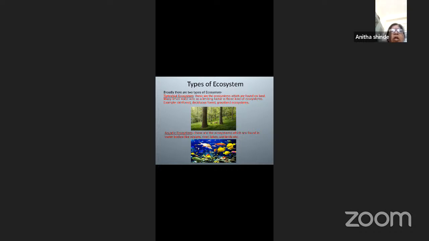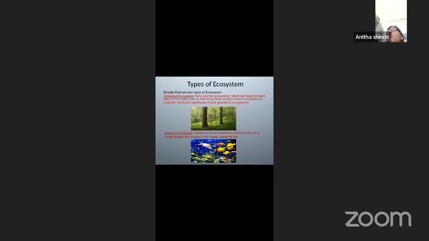So terrestrial means only on the land, whereas aquatic ecosystems are found in water bodies. Like you have oceans, rivers, lakes, wetlands, small ponds. All these constitute the aquatic ecosystem. So basically, there are two types of ecosystems: the terrestrial ecosystem and the aquatic ecosystem.